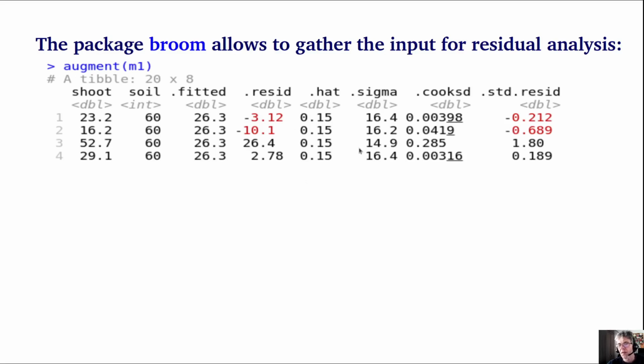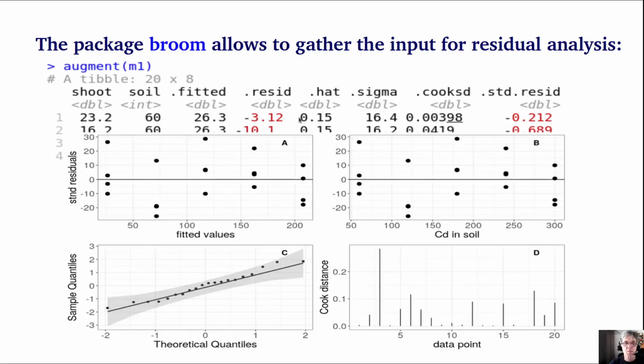There are other features which are unimportant to what we are going to do here. So with this input that we gather with augment, we form a data frame, and with this data frame we generate the following plots.